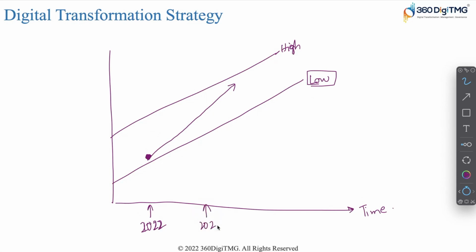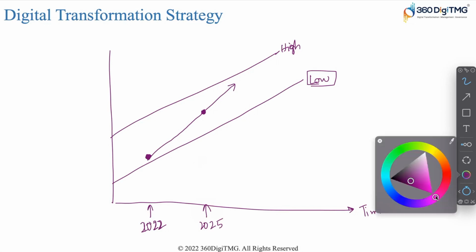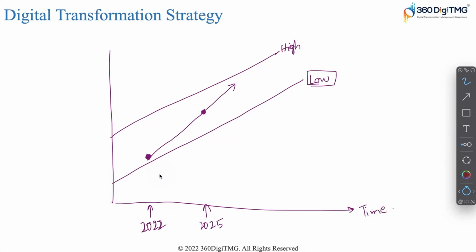Then in 2025, the expectation of customers will be that I want at least this much amount of service. But what happens is if you don't keep an eye on your competitors, they will start somewhere here. You might feel that they're not even your competitors. When customers are getting this service at a specific price, why would they opt for this? They will not opt. So they are not your threats.